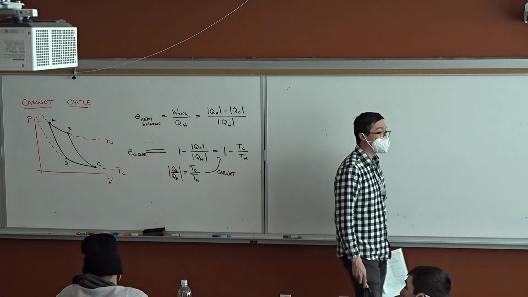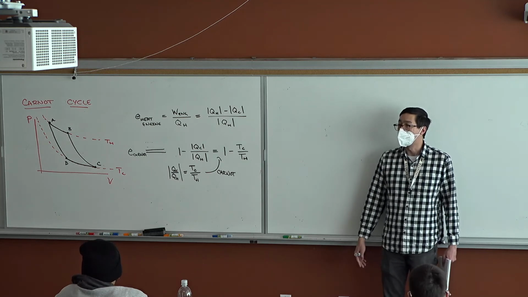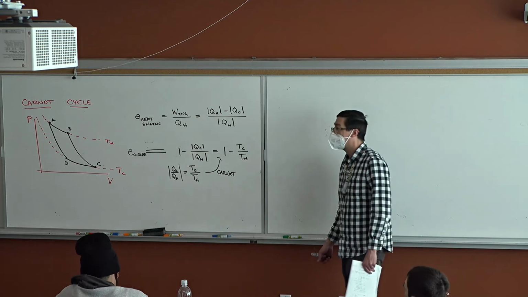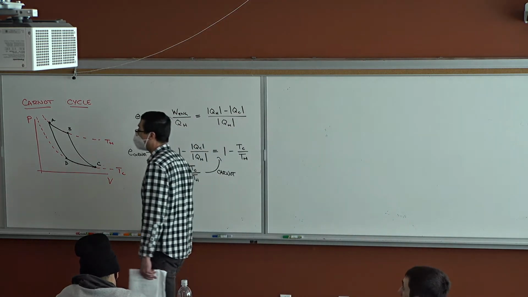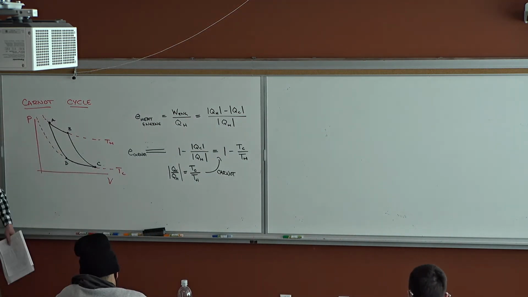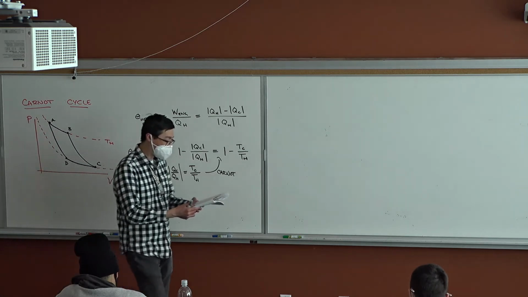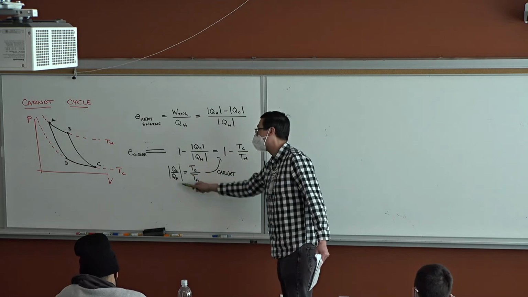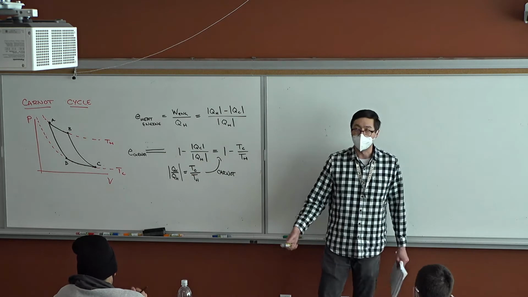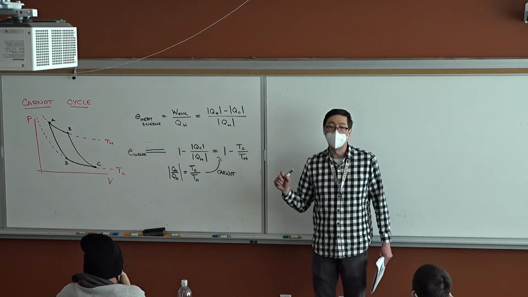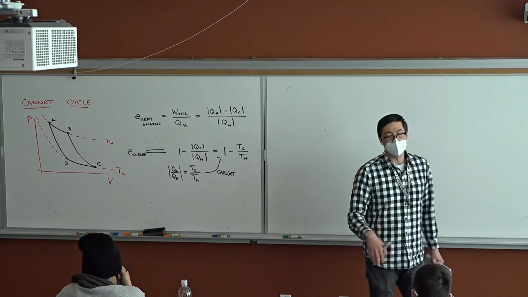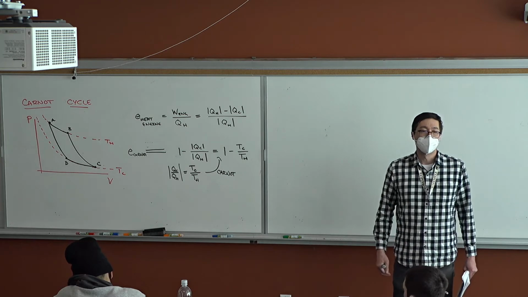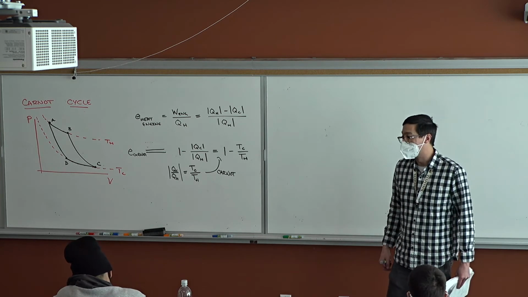Just as PV to the gamma is constant for an adiabat, we can also go to TV to the gamma minus 1 is constant. With that you can demonstrate that this is true. You also know that for the adiabat, no energy enters as heat. But it's a pretty standard derivation, so you can find it in your textbook, you can find it on Google.